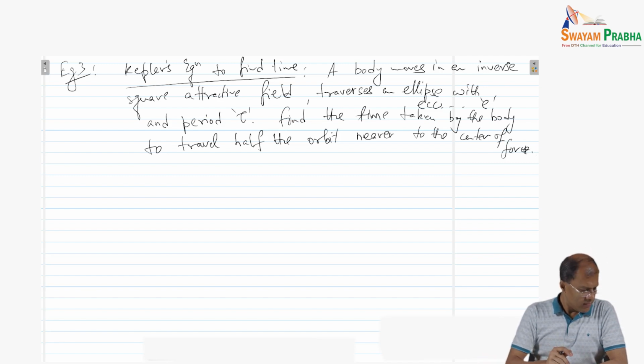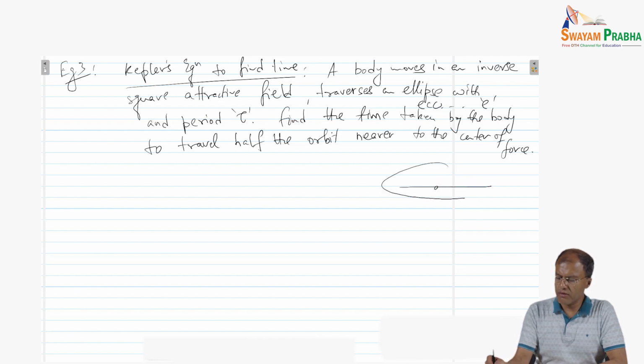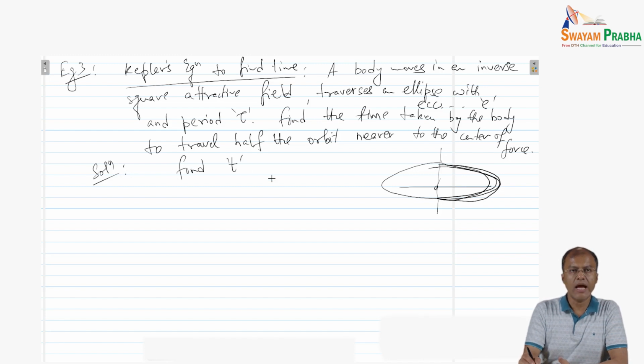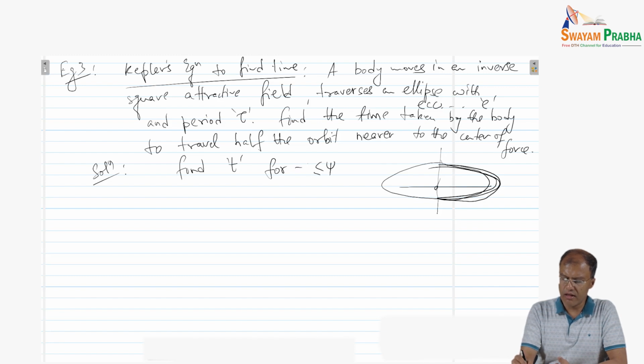right? Okay, so we need to find, remember, the motion of the body in an ellipse is such that we need to find the time it takes to travel along half the ellipse, right? So the solution asks us to find t, the time of travel, for our angle psi such that psi is between minus pi by 2 to plus pi by 2, right? So psi was the corresponding angle that the center subtends on the circle with semi-major axis as the radius, right?